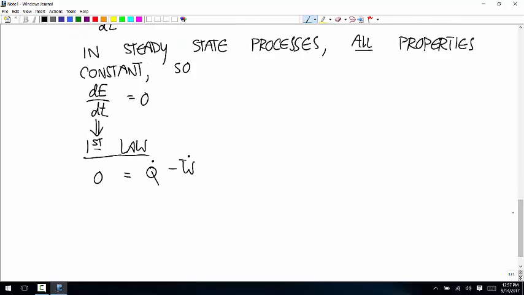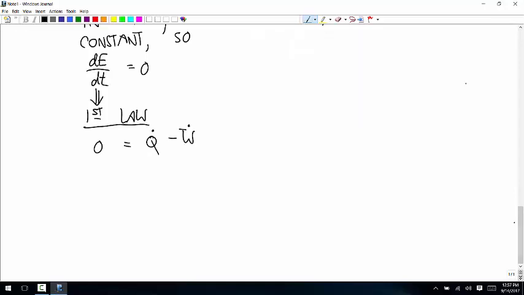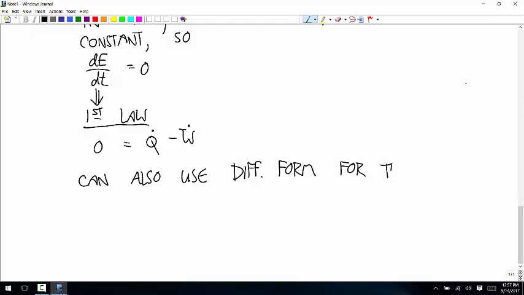That's one time that it's useful to use that differential form, but you can also use that differential form for transient processes that aren't steady state, if you know one of the functions that defines how it's changing. So you can also use this differential form for transient processes.